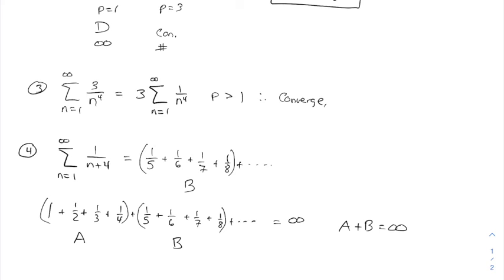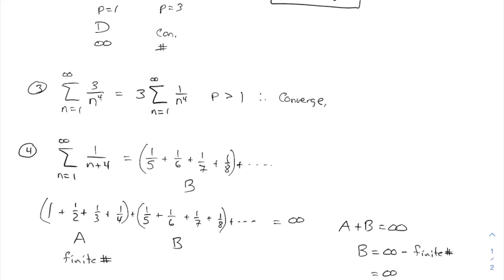And A is a finite number. We could work out what it is, but it doesn't really matter, because what we get over here is that B is infinity minus some finite number. Who cares what it actually is as long as it's finite? That tells us that B is infinite.